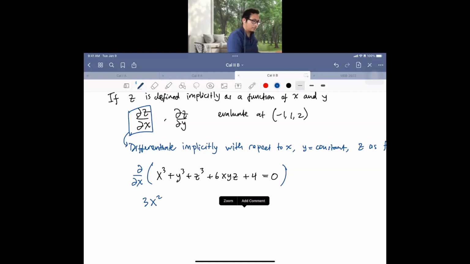And z is a function of x, so we are going to differentiate z, 3z squared, and write down dou z over dou x. I hope you still remember the implicit differentiation in calculus 1. We have x, y, and then we differentiate with respect to x and treat y as a function of x, so we write the derivative of y as dy over dx.